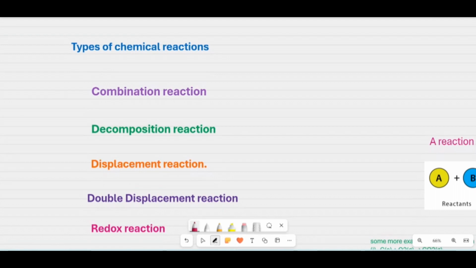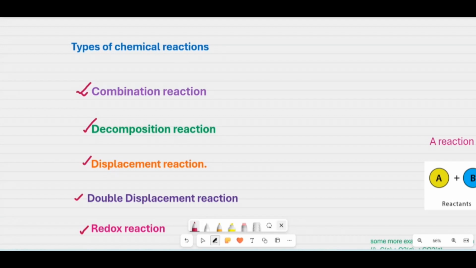One by one we can see that. The first one is a combination reaction, and then a decomposition reaction, displacement reaction, double displacement reaction, and then redox reactions. These are the different types of chemical reactions.